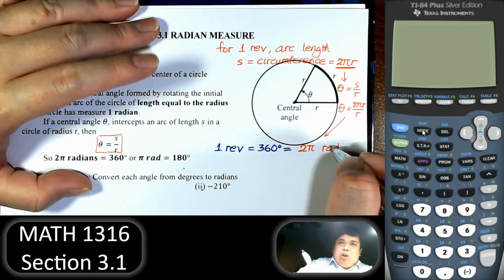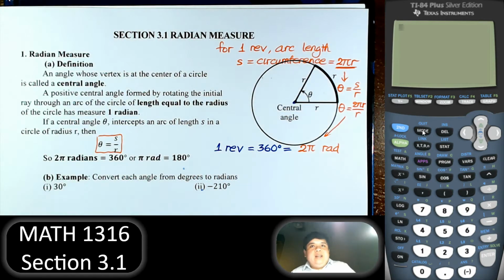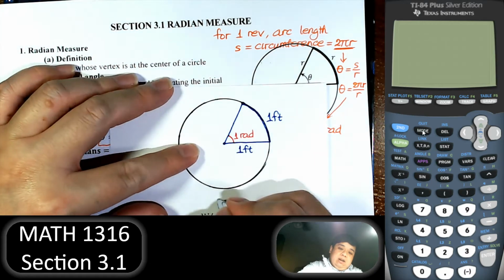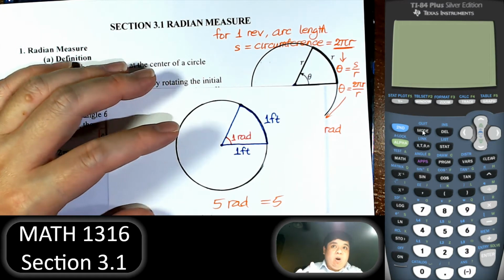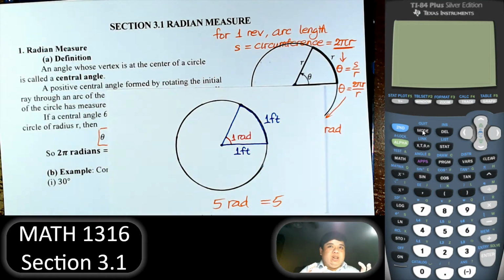Now, the radian is unlike other units. We can just put it in or take it out without any problem. So I can write 5 radians is equal to 5, and that is not wrong. The radian is not really a unit. We can just put it in, take it out. It doesn't affect anything at all.